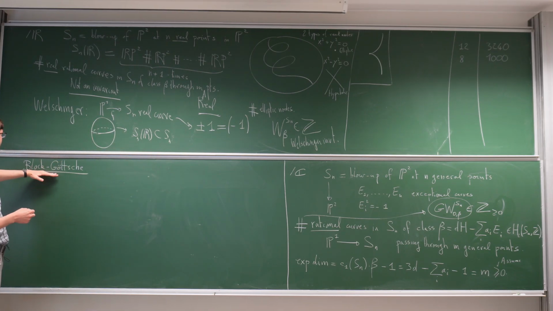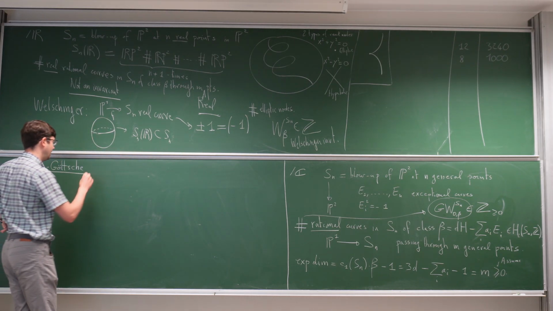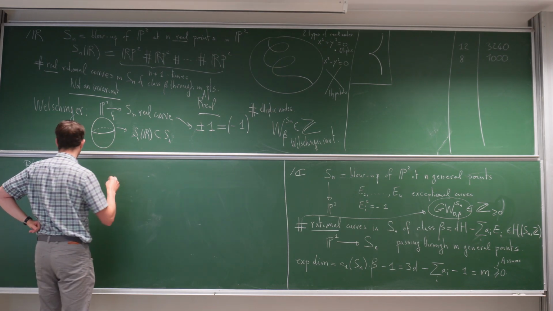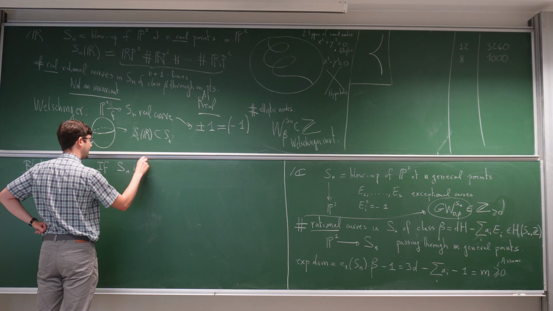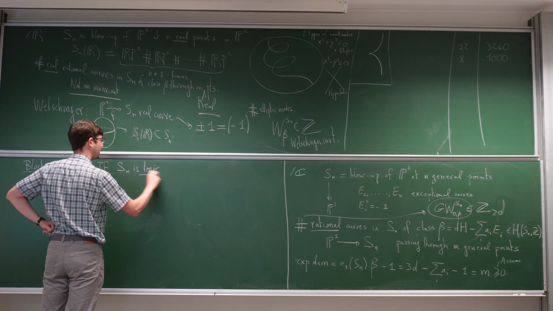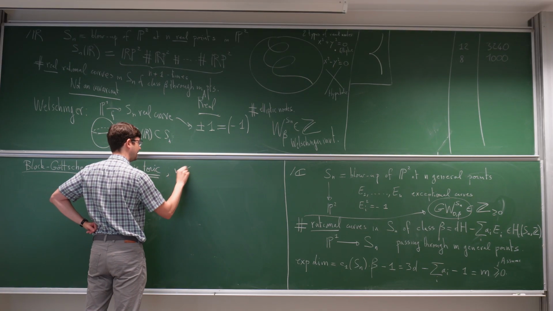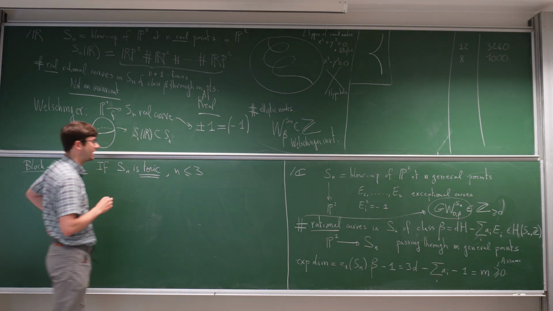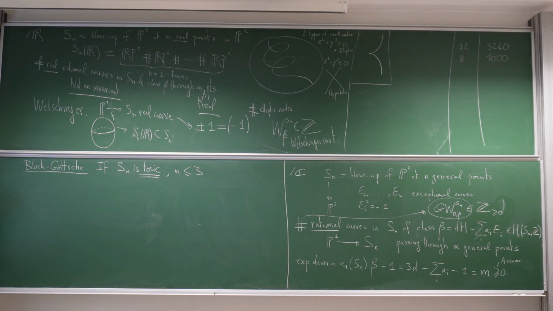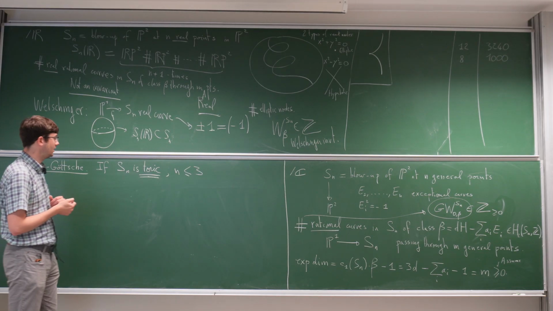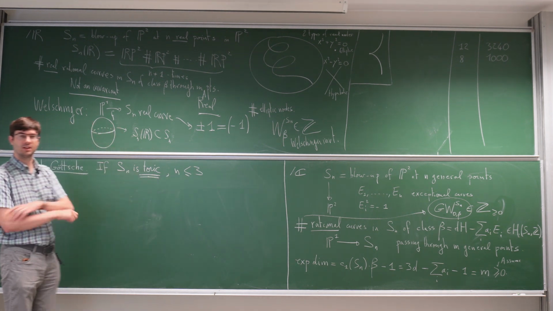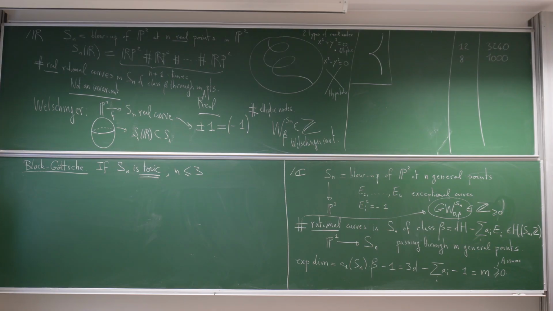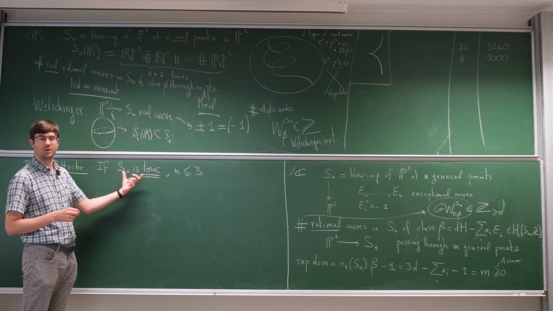And the setting in which they could define this is, from the point of view of this talk, a quite restrictive setting: Sn is toric, which is the case if n is at most 3. If you blow up P2 at n points in general position, if n is at most 3, you can view that naturally as a toric surface. You can take your points to be the torus fixed points in P2. But if n is strictly bigger than 3, it's no longer possible, and so Sn will no longer be toric.